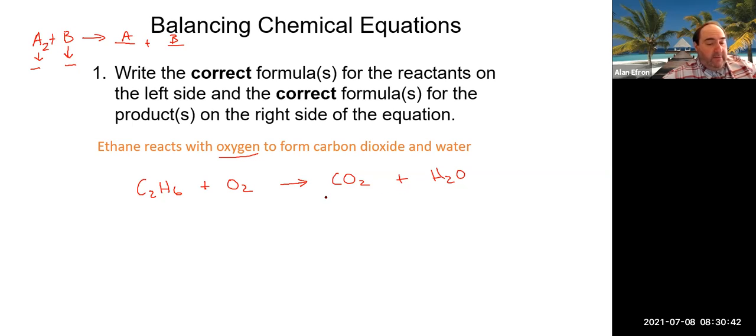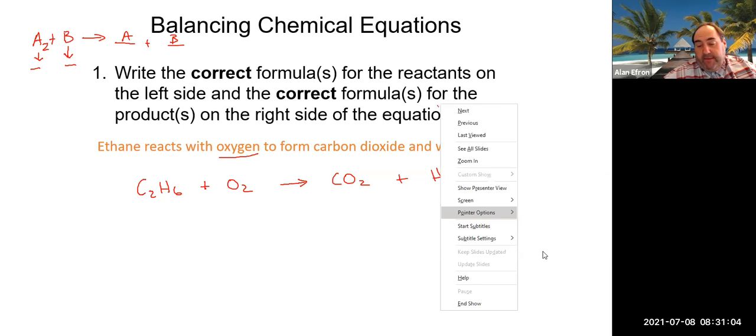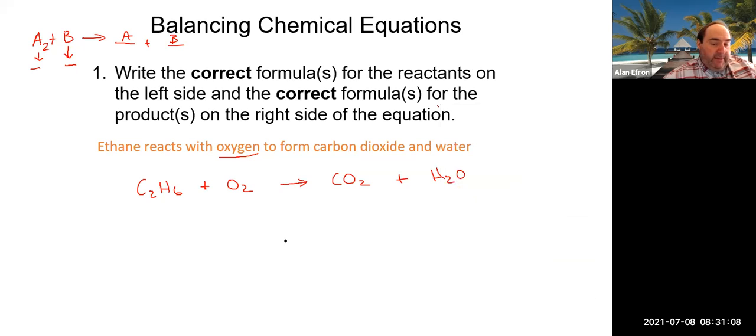So right now I have put together what is sometimes referred to as the unbalanced chemical equation. I got all of the correct formulas down. I was not concerned that there are more H's on the left than on the right at this point. I just want to make sure I got everybody down correctly. A pretty good method for balancing, which I personally like, is to make a little table and list all the elements that are present.